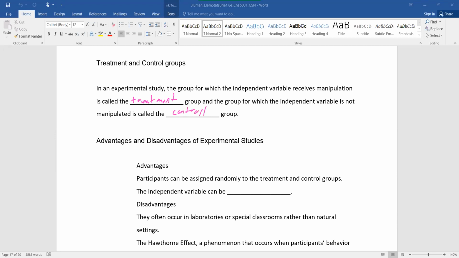So, when you're trying to determine if something is really changing the results, you'll have one group where you change that one independent thing, and another group where you change nothing. That's kind of like your planking thing. I changed nothing. They still had to do the work, but in my treatment group, I said this one thing. Did that help or not?